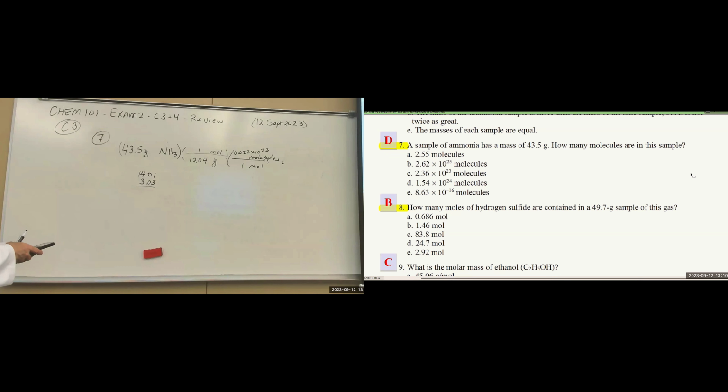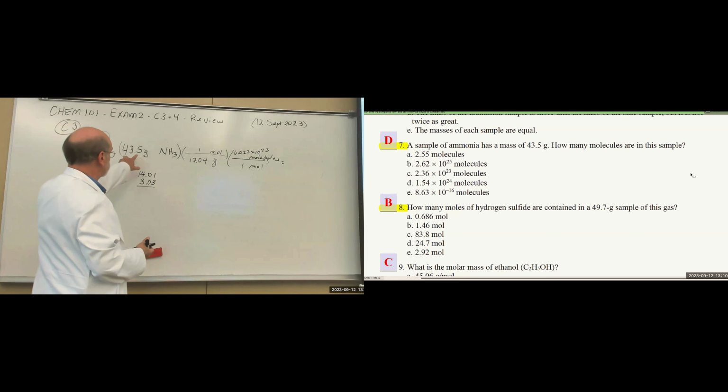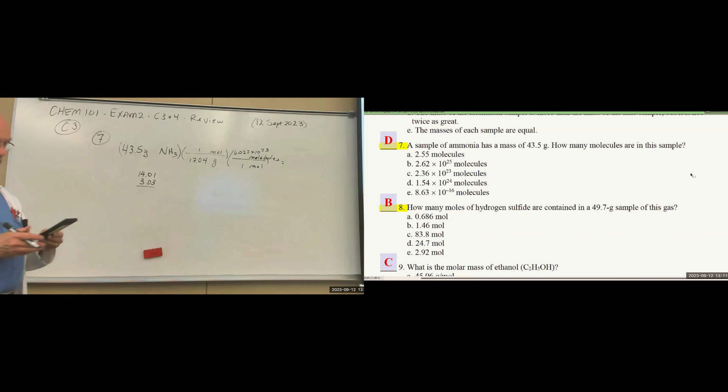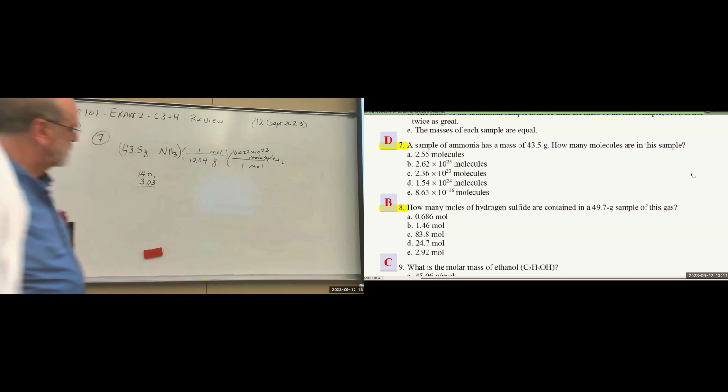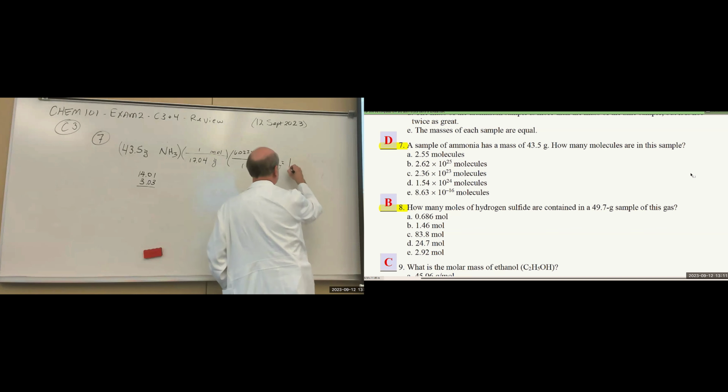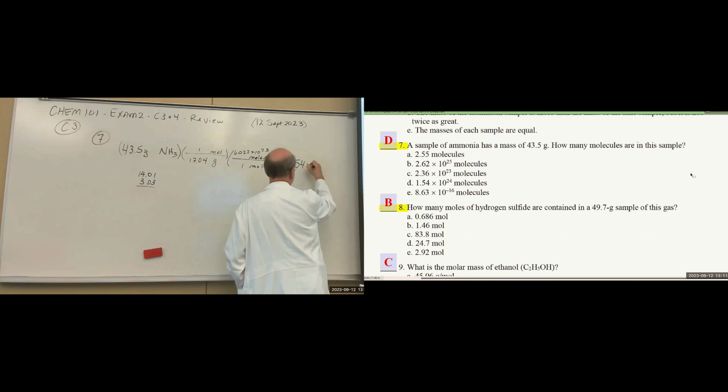Dimensional analysis again. I get, let's see, we are restricted here to 3 significant figures, 1.54 times 10 to the 24th molecules.